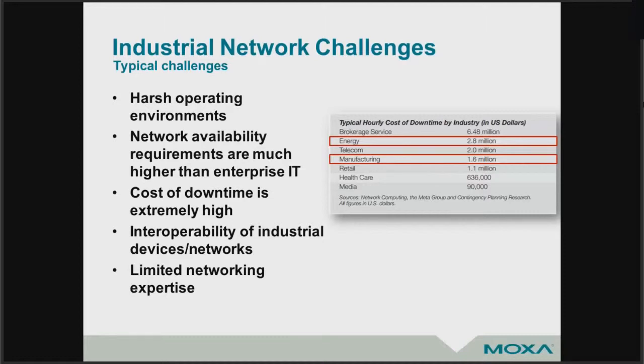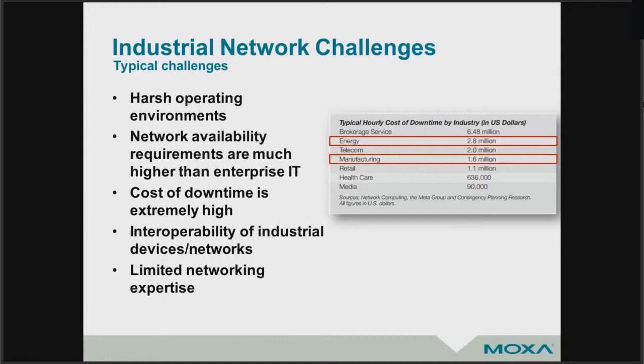To set the stage for today's topic, I wanted to take a minute to review some of the common challenges we face in designing, implementing, and managing an industrial network. In many cases, we have a lot of environmental factors that a home or office network doesn't have to deal with, such as wide operating temperatures, shock, vibration, electromagnetic noise, and other factors.